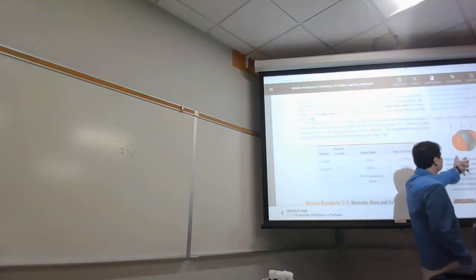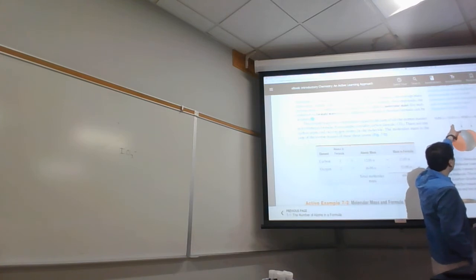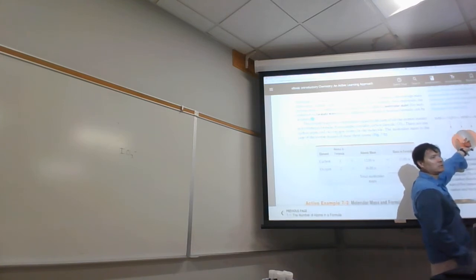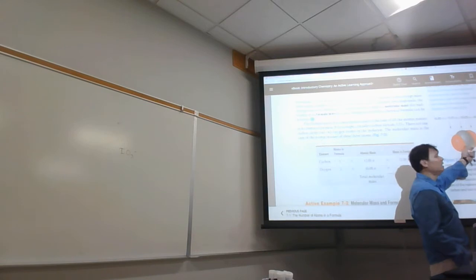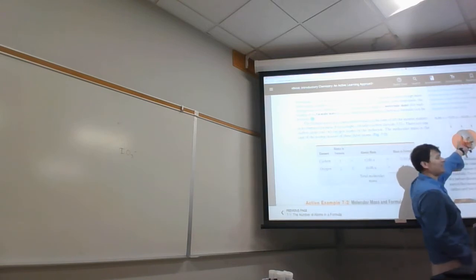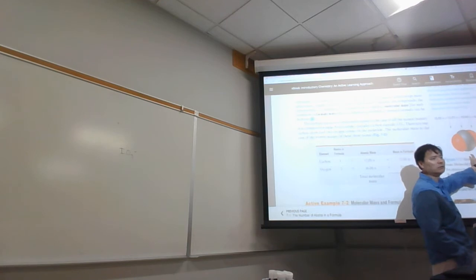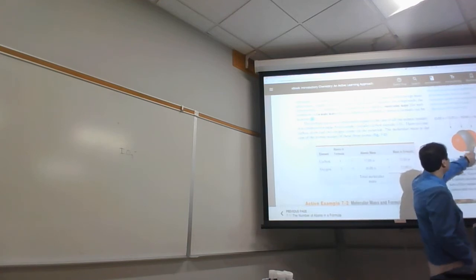I can tell it's 99% carbon 12 and 1% carbon 13 because it's 99% closer to 12 than it is to 13. Do you see that? 12.01. If this were 12.99, then I'd say it's 99% carbon 13, 1% carbon 12. And so this is the average.